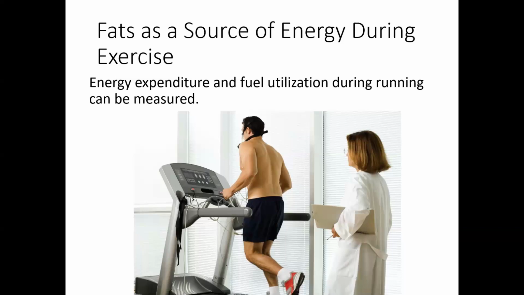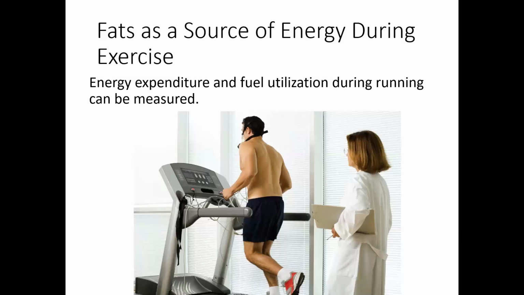Instead of the aerobic system primarily fueling the body, we end up shifting to the glycolytic system, which uses primarily carbohydrate if you're exercising very intensely. But if you're just going for a 3 mile jog, you're going to be using carbohydrate and fat.